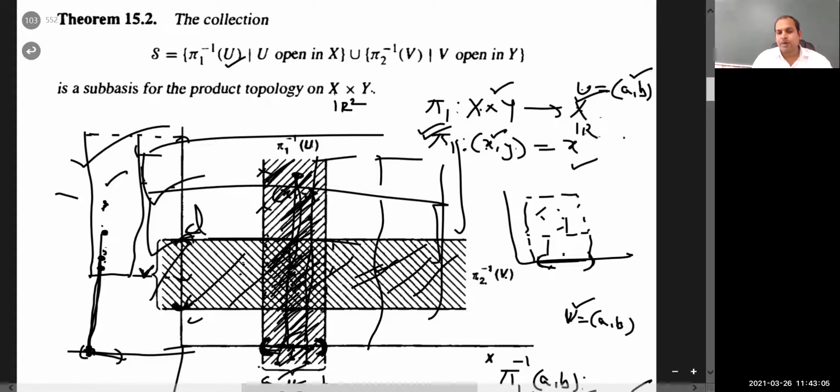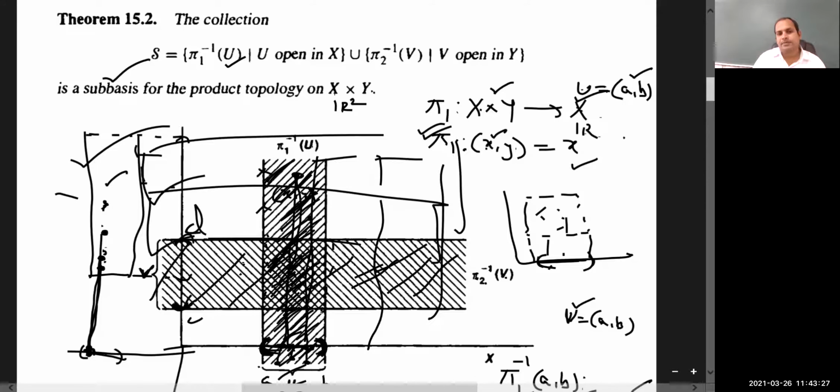And the collection of all these open rectangular regions, we know, is the basis for the standard topology on R2. So it also satisfies the condition that finite intersections of members of the sub basis are members of the basis.